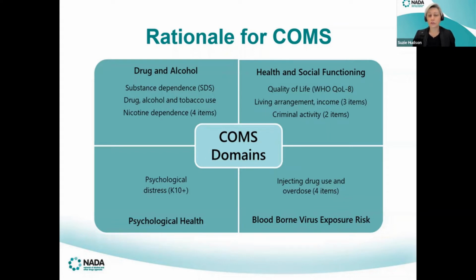You'll notice too that if you use other measures such as the ATOP, the Australian Treatment Outcome Profile, they also look at those items very specifically, looking at frequency of use and amount of use. In terms of psychological health, the K10 Plus was selected.